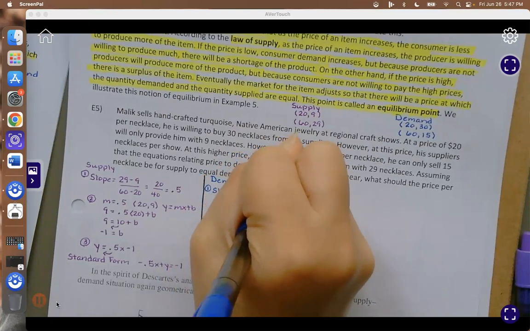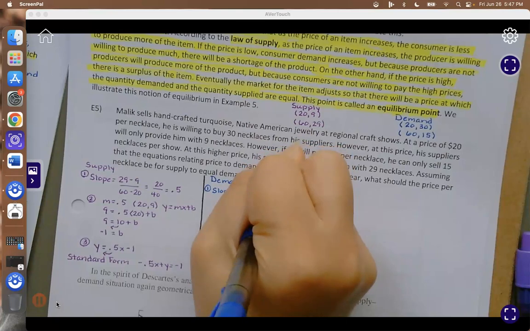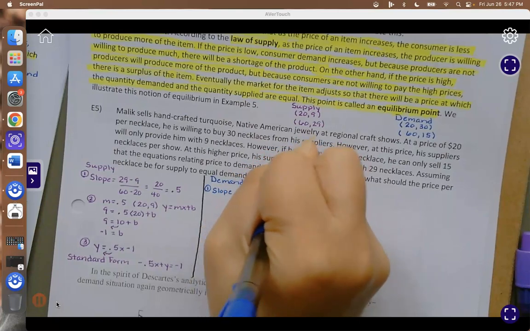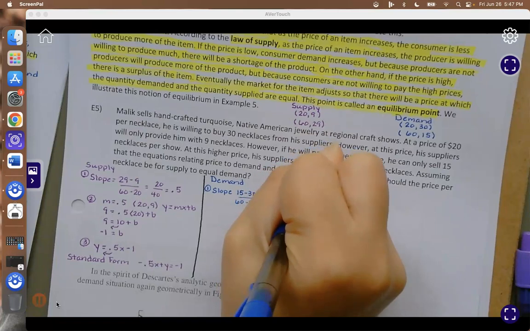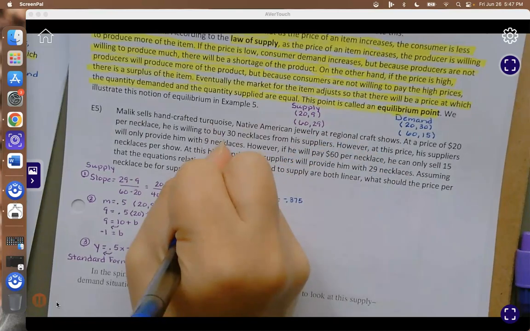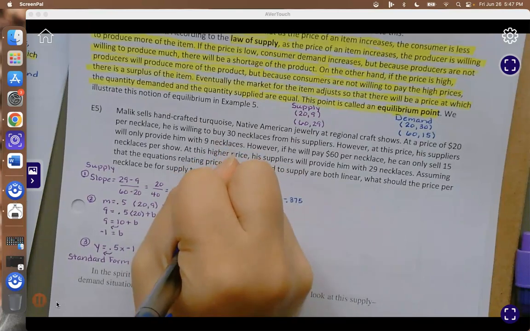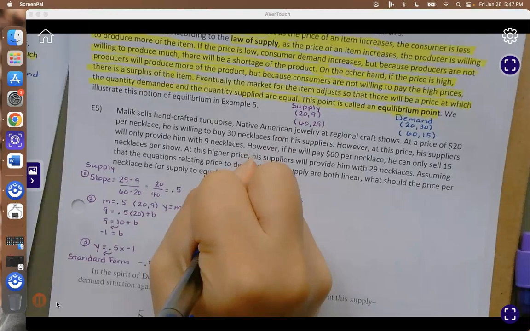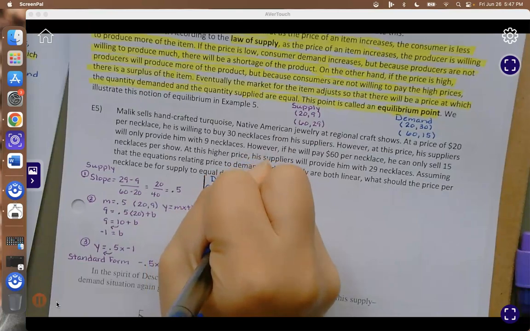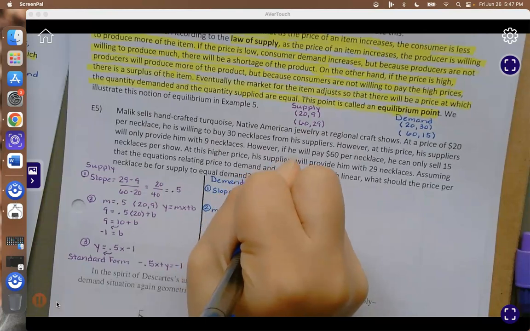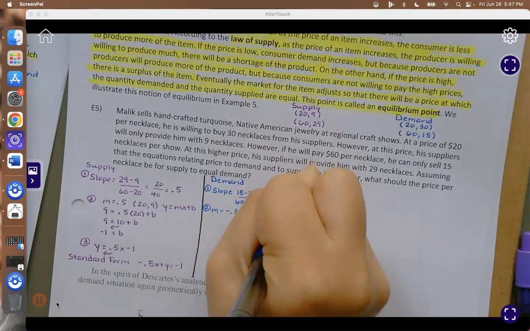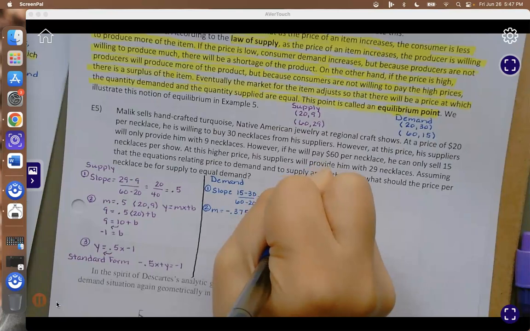So that's going to be -15 over 40, which is -0.375. So step 2, we know our slope is -0.375. Ordered pair is 20, 30. And we're using the equation y equals mx plus b.